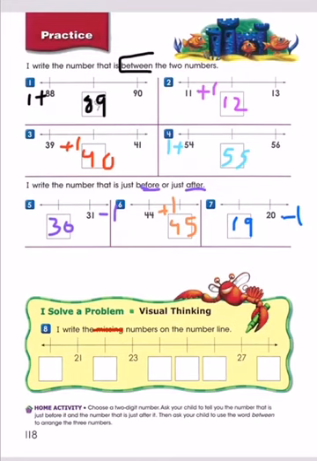Okay. What is the number that came before 21? 20. Okay? 20, 21, 22, 23, 24, 25, 26, 27. What's the number that came after 27? It is 28.